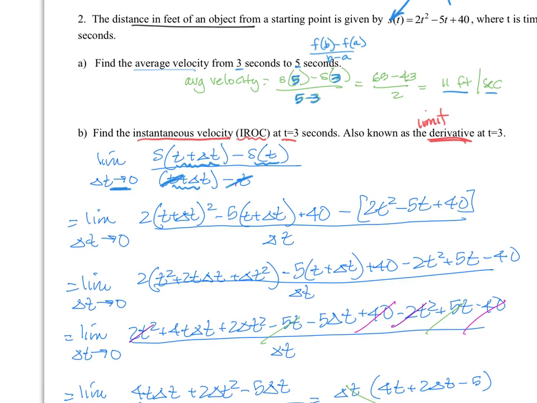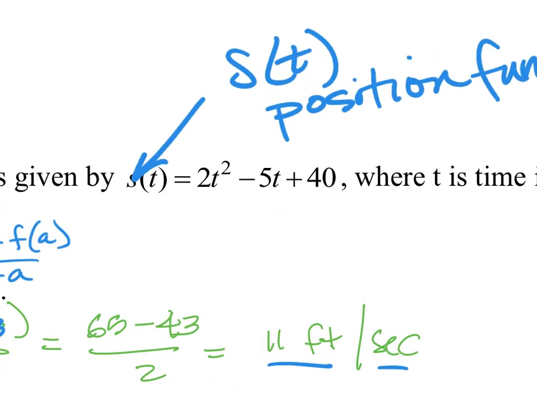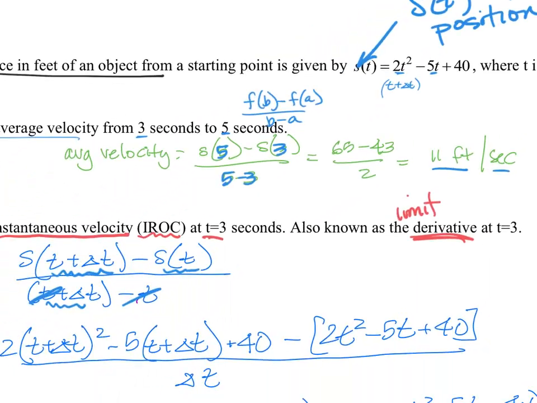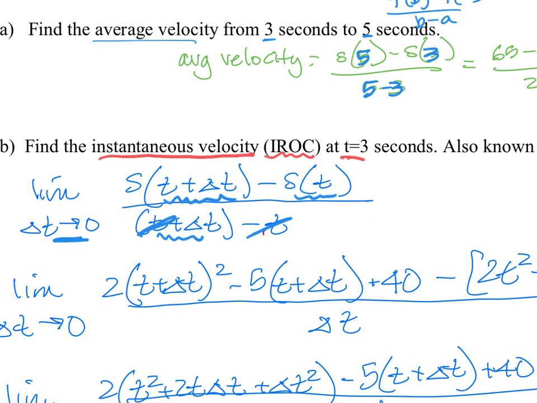So our function, if you recall, is 2t squared minus 5t plus 40. Wherever you see the t, that is where you are going to be putting the t plus delta t. So then if you go down to here, this is what we did right there.